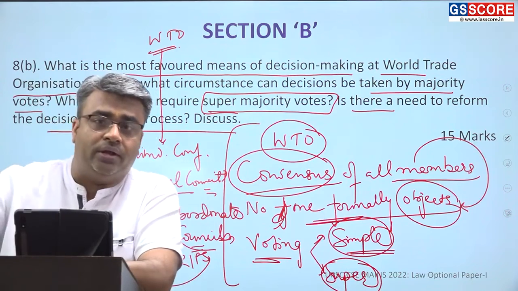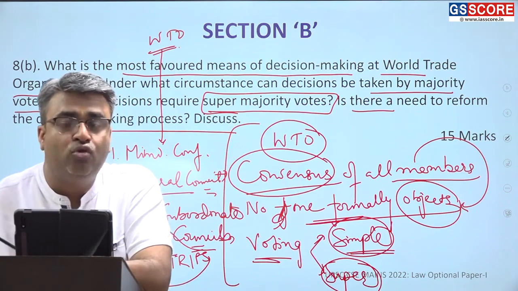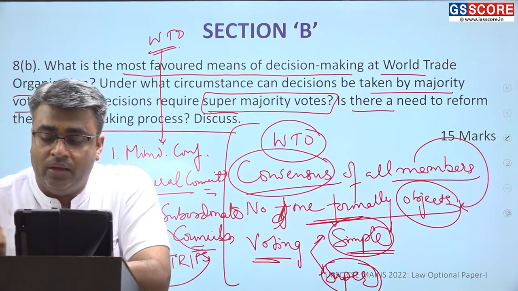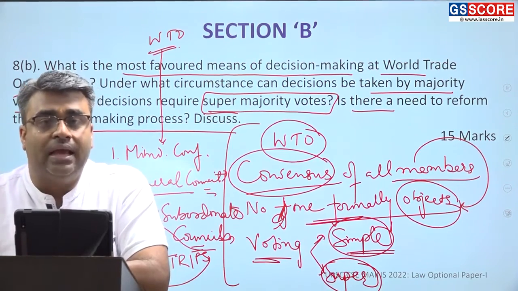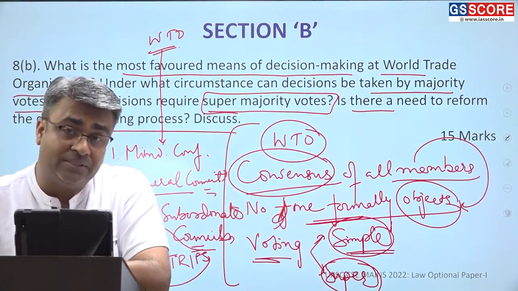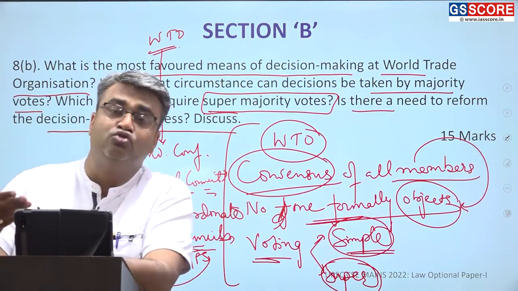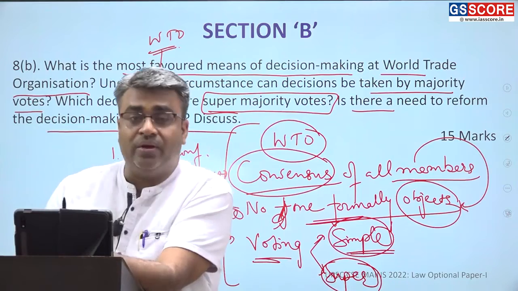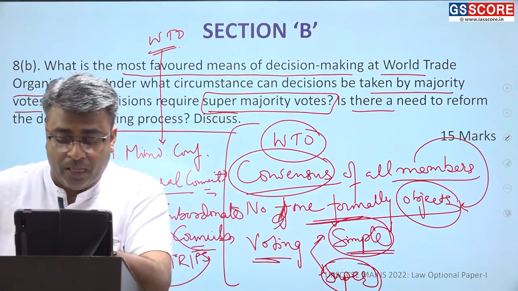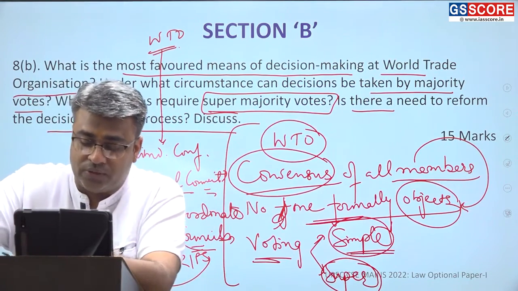In this simple voting, with the simple majority, if it is more than 50%, if it is 51% or more, then the resolution is approved in case of any conflict. Okay. And then further, the General Council.